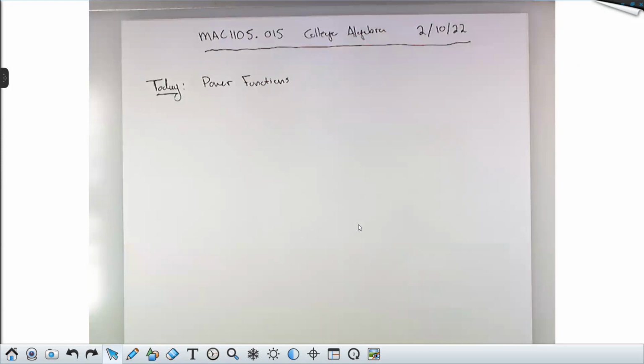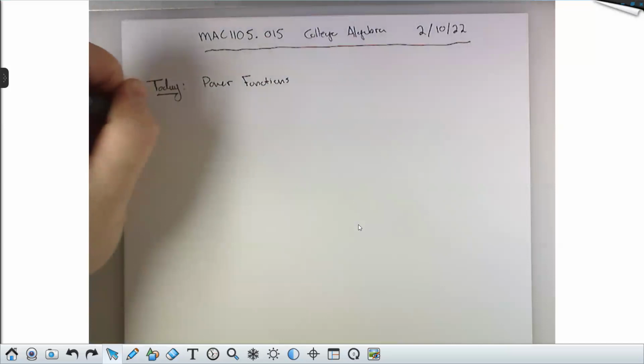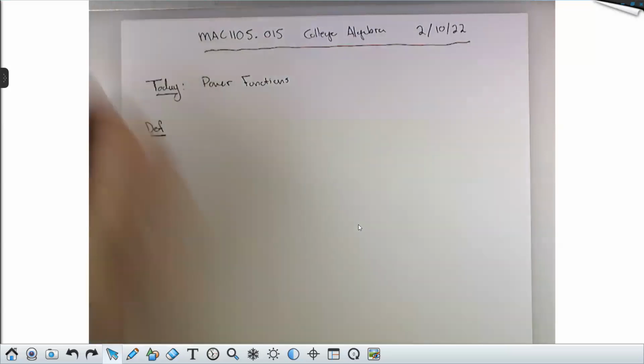So power functions. What are power functions? Well, everywhere in those proportionality problems, you notice, like I said, that one variable was defined as a constant times a power of another variable. Such a relation naturally describes a function. Let me turn my camera back on.